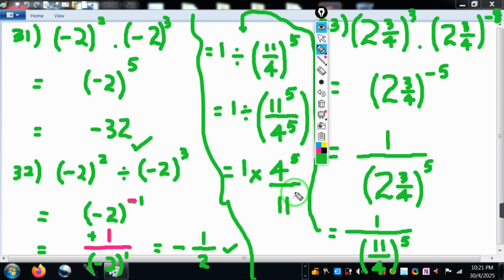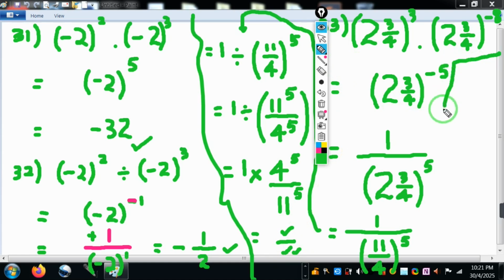Which is 1 times 4 to the power of 5 over 11 to the power of 5, which will be 4 to the power of 5 over 11 to the power of 5. You calculate out what it is over whatever it is. 100% correct. Okay? Now, if you want to do number 4, why not I try to squeeze in number 4?